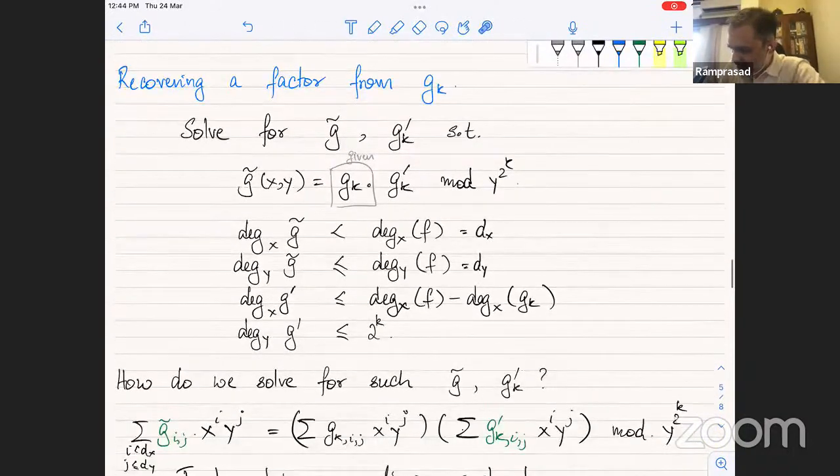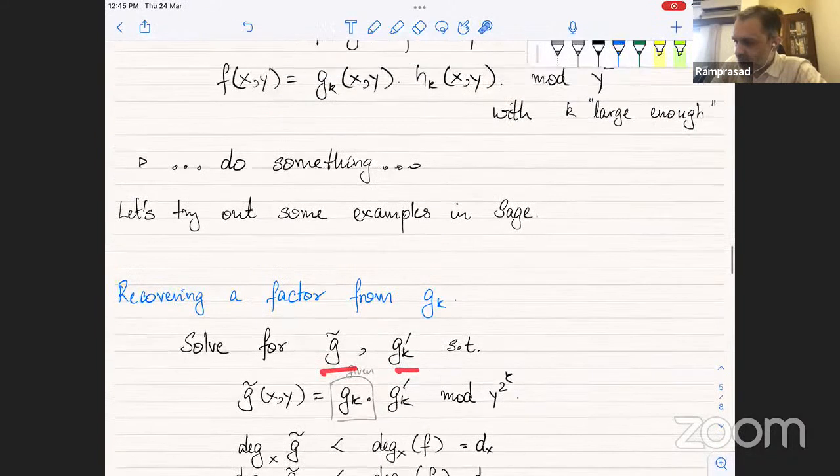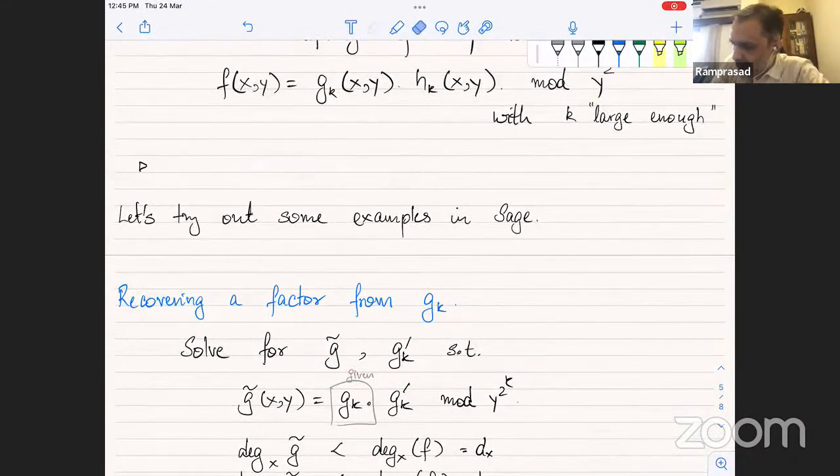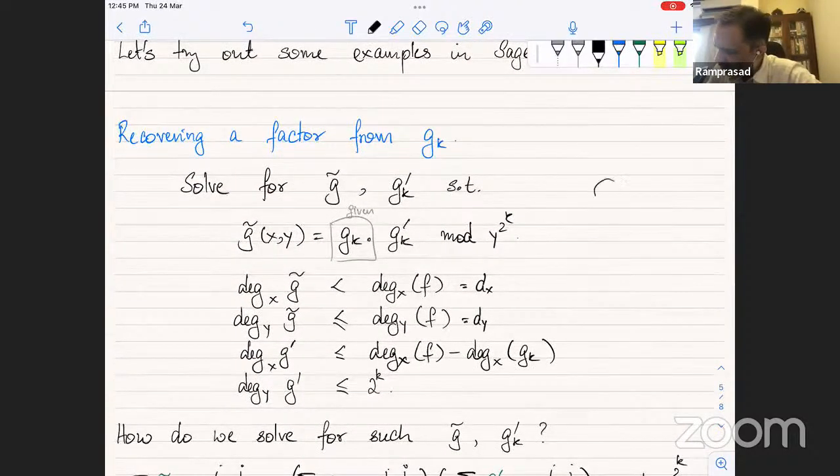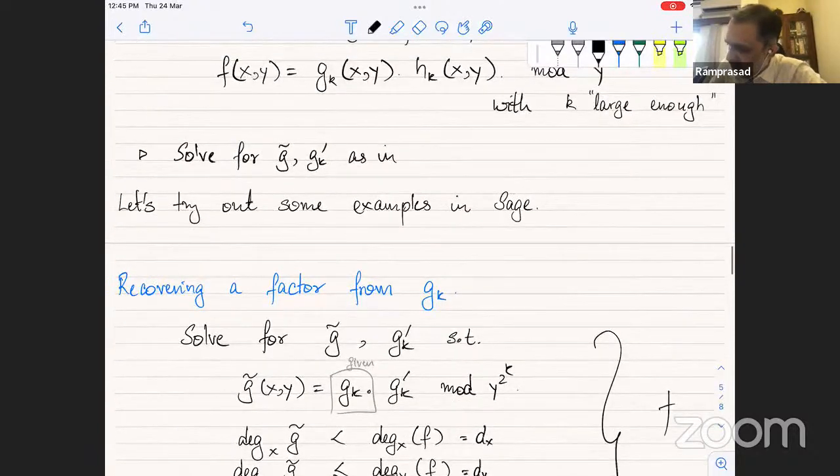We solve for g tilde and gk prime, let's call this dagger, and return the GCD of f with g tilde. And if this is 1, then you return irreducible. So that's going to be the final algorithm.